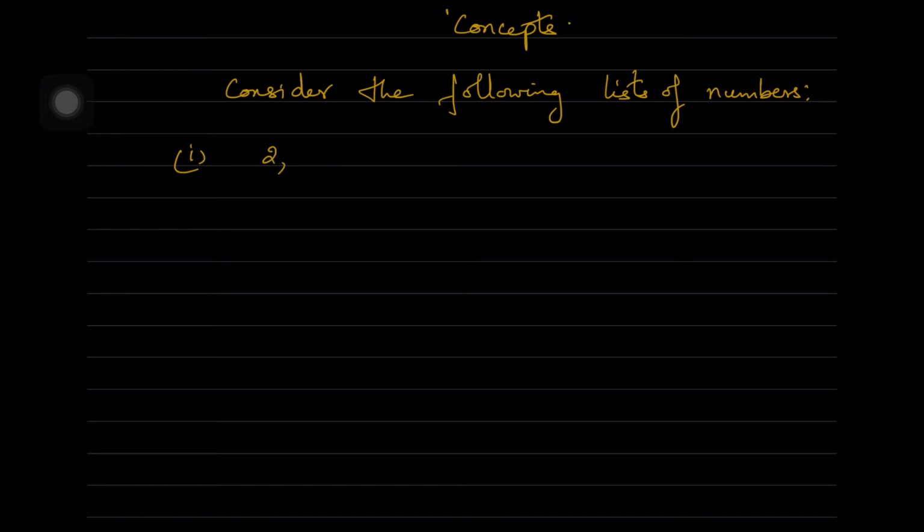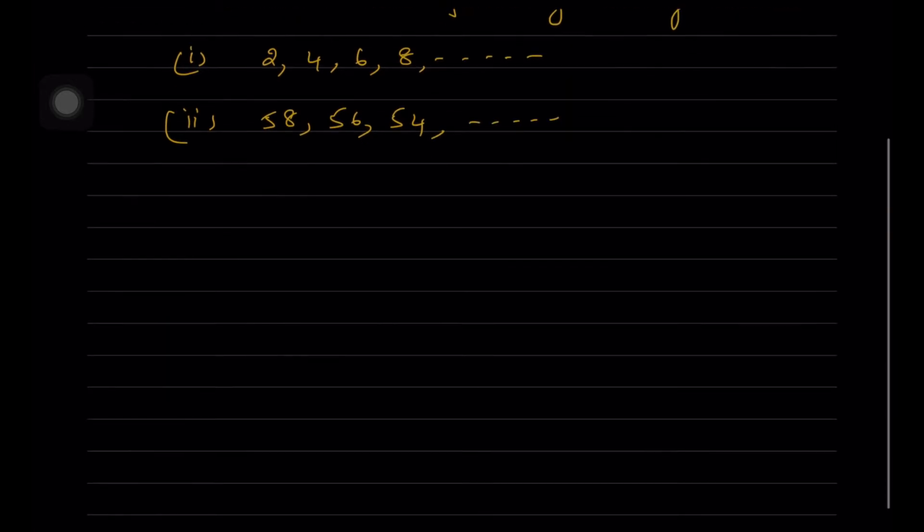Suppose you consider it as 2, 4, 6, 8, and so on. That's the first list. Second one, 58, 56, 54, and so on. Then suppose you're having one more list as 12, 7, 2, -3, -8, and so on.